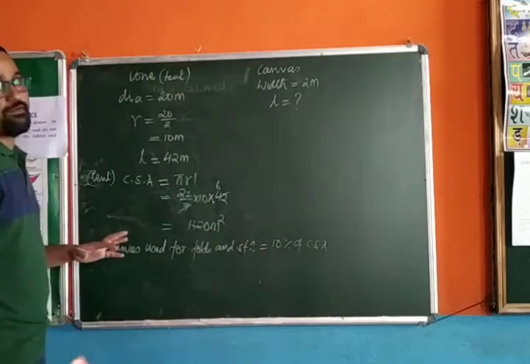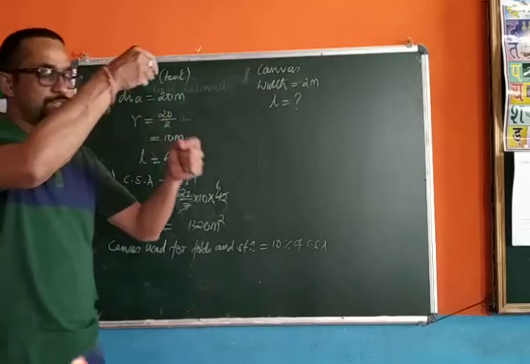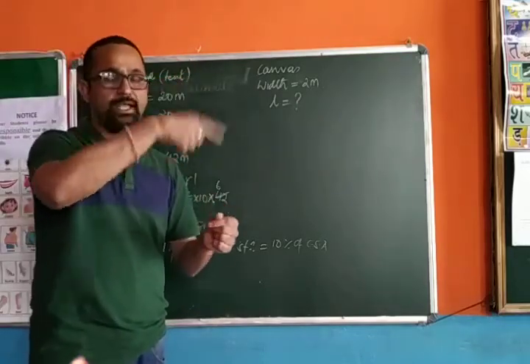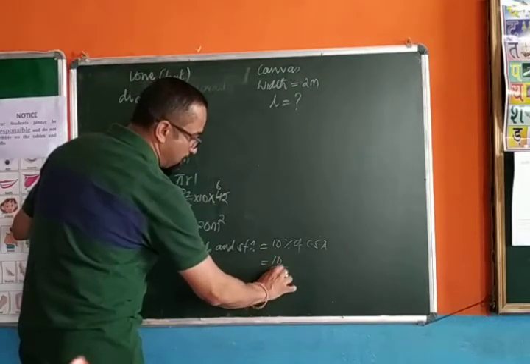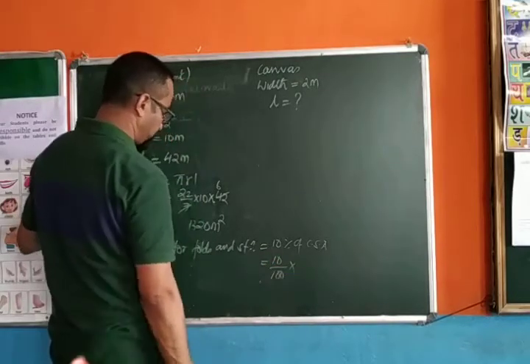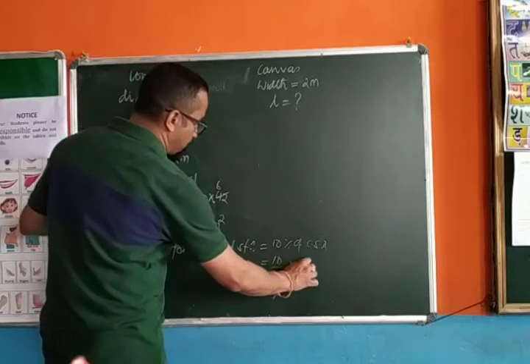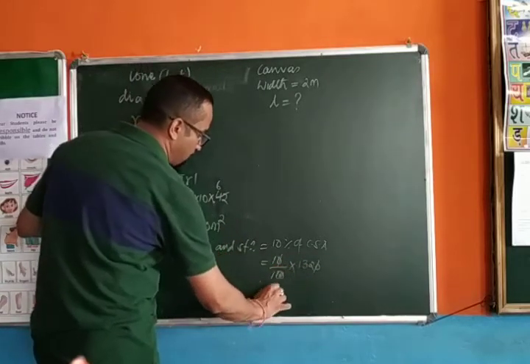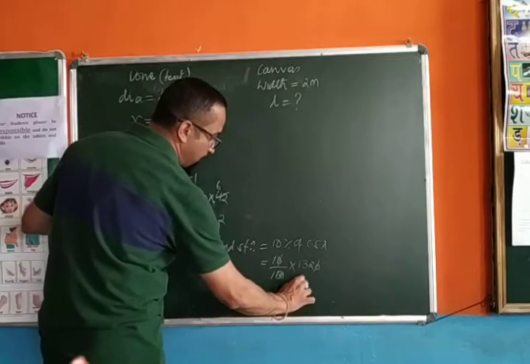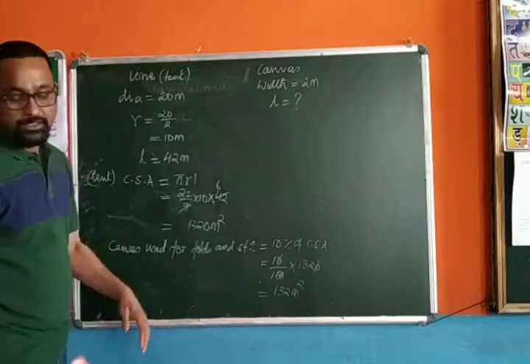Remember this, because on the curved surface area part it is folded and stitched. So it is 10 divided by 100 into 1320. Cancel it. You get 132 meter square is used for folds and stitching.